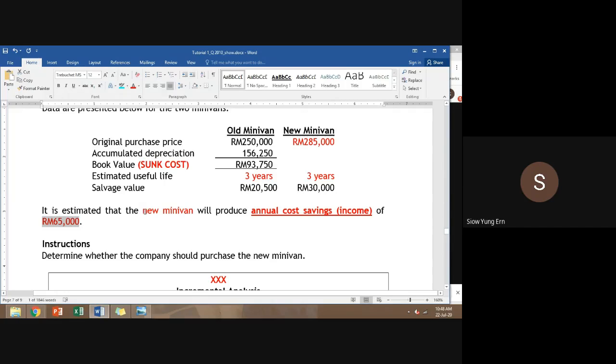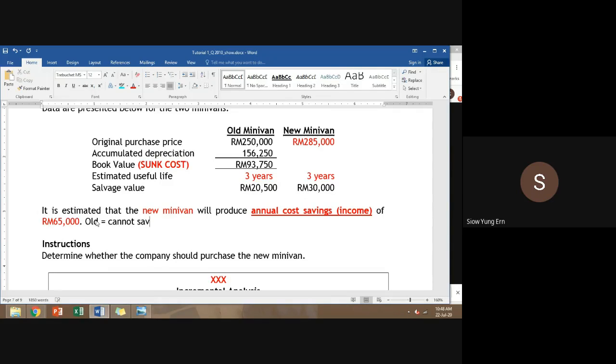Again, the new minivan can save 65,000 every year. That means the old minivan cannot save.